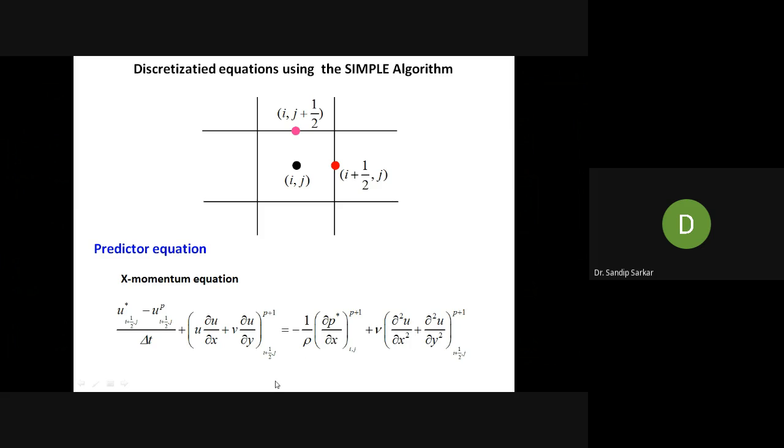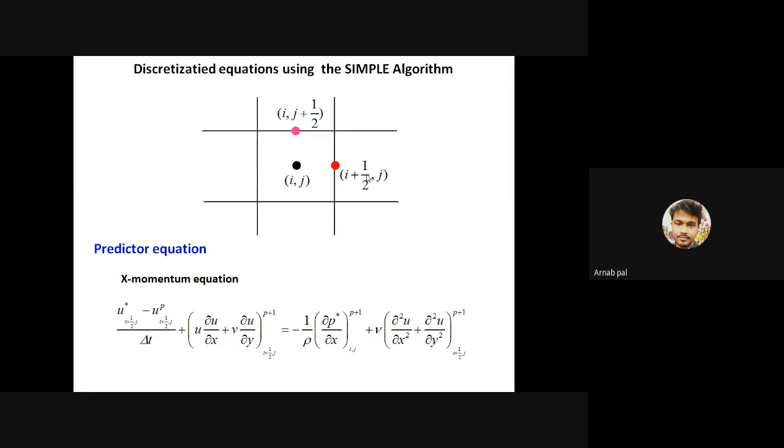That is not a discontinuity, because in the staggered grid, velocities are specified at the cell faces, and pressure is at the cell center, right? Since we are discretizing the velocity at the cell faces, that is the I plus half j grid point, pressure has to be discretized at the ij grid point, because pressure is specified at the ij grid point only. That's why velocity and pressure are coupled. There is no issue with the decoupling. They are adjacent to each other. Is that clear now?